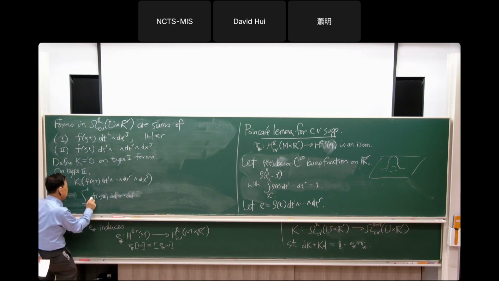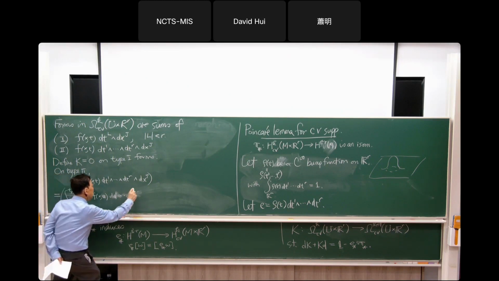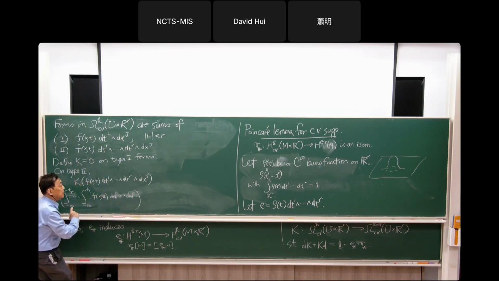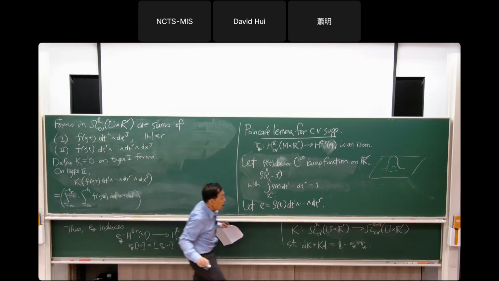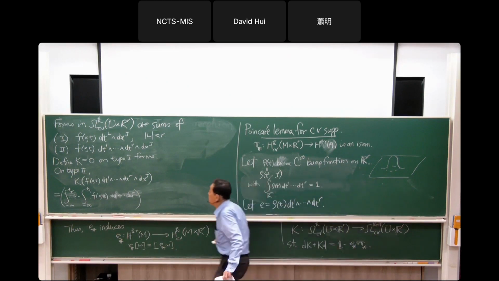And then you integrate to t_1 and then to t_r, so that you still have a form with t's in it.